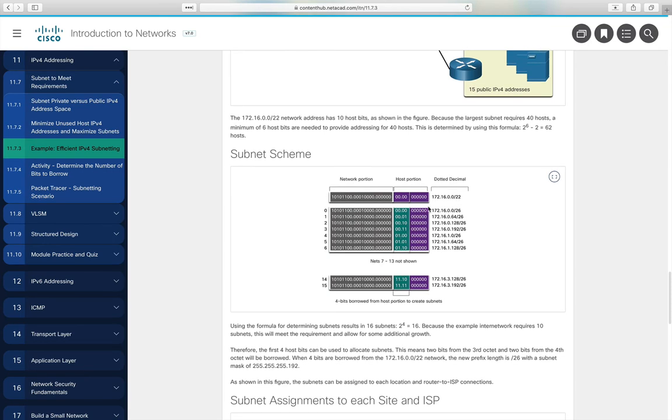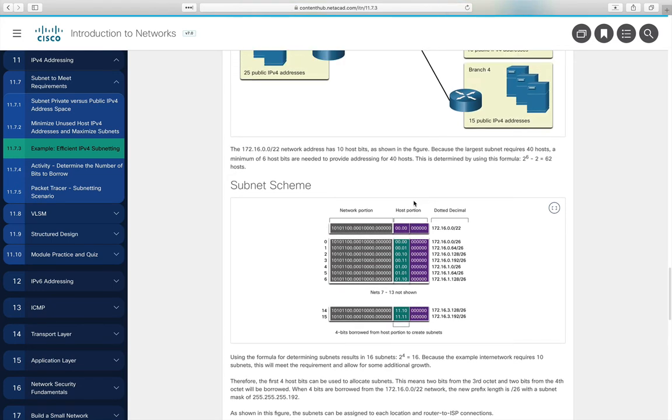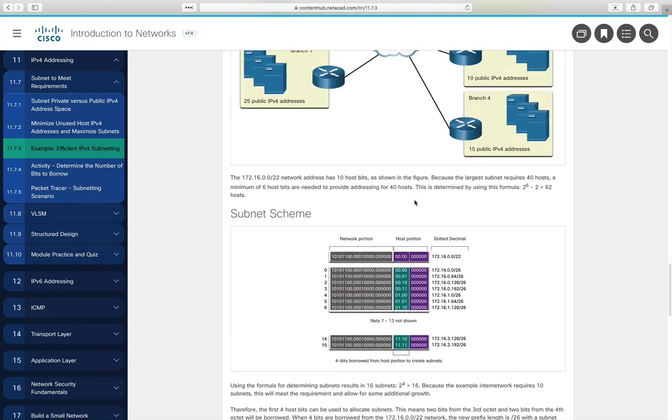So what they're doing here is we have the host portion of this. Okay, something's not matching up here. They've made a mistake here. They said we had 10 host bits. They said we needed 6, so we should be borrowing 6.